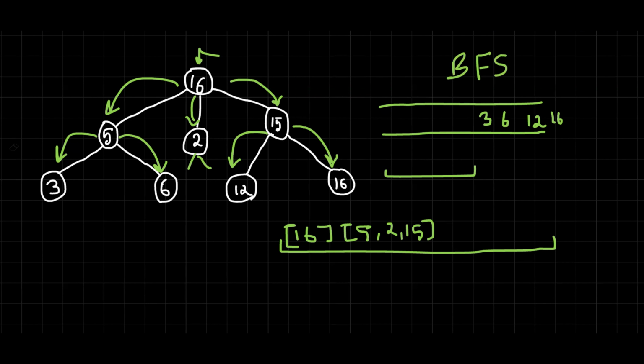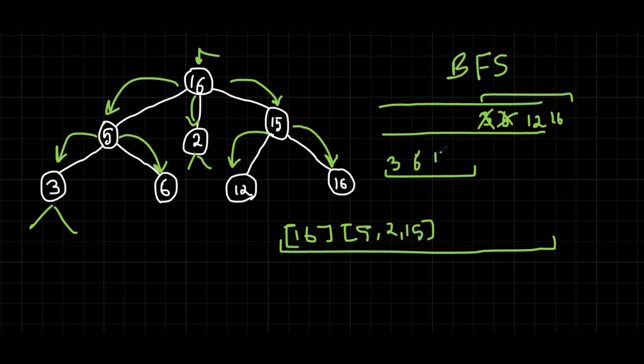Now we are at our final level. The queue has 4 elements, 3, 6, 12, and 16, and none of them has any children. So we have to repeatedly add the top element of the queue into a temporary vector, which is 3. Now remove 3. Then we have to add 6, remove 6.